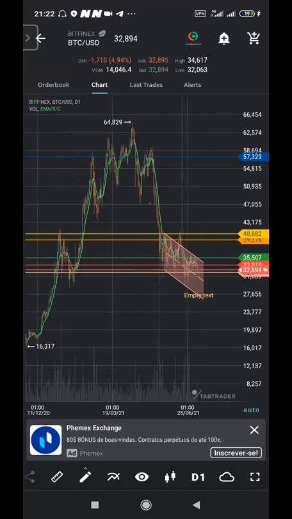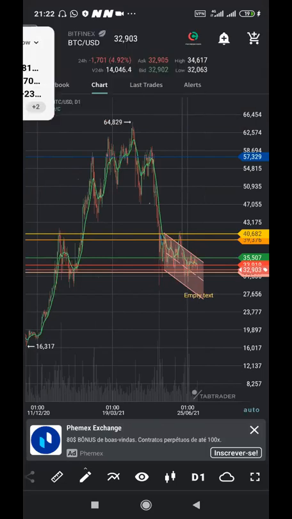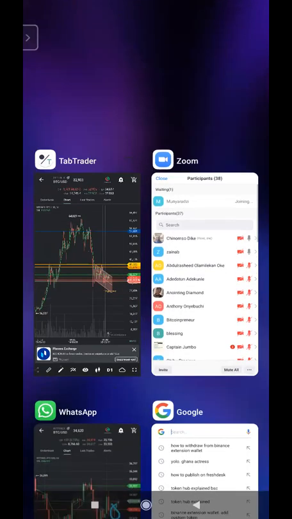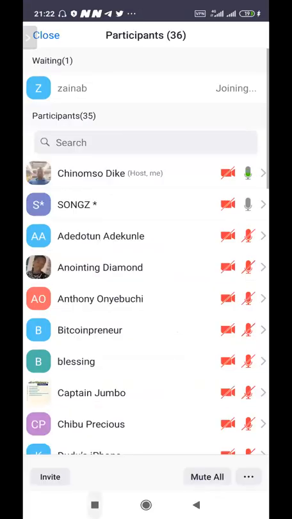Those are the things you need to put in place so that you don't lose money. So when you do all that, with time, you're building your confidence. You are sure that when you are using money, you won't be losing. So that's how it is.